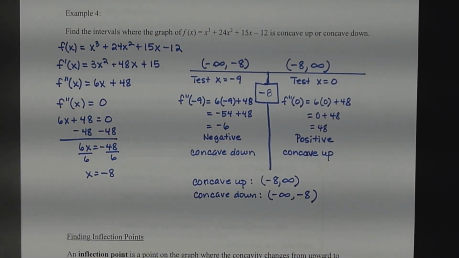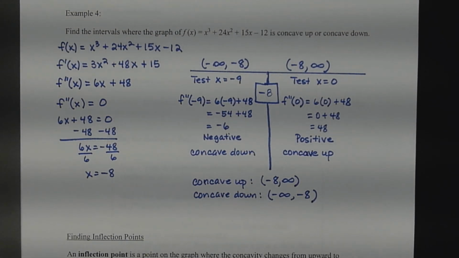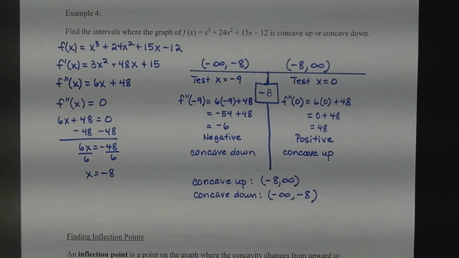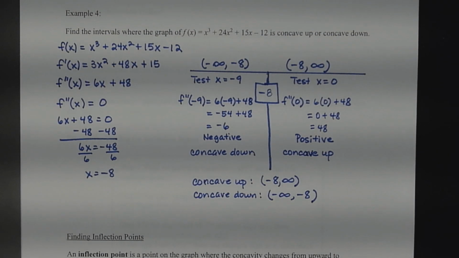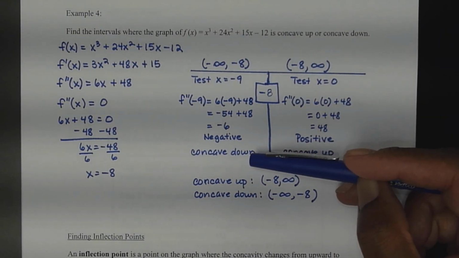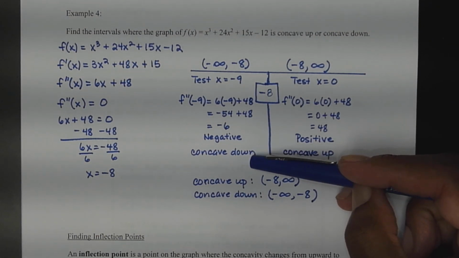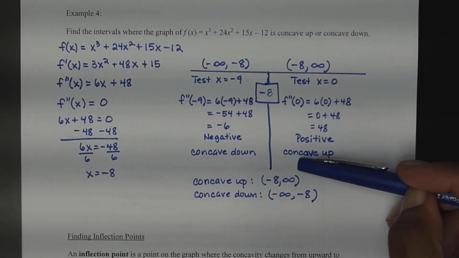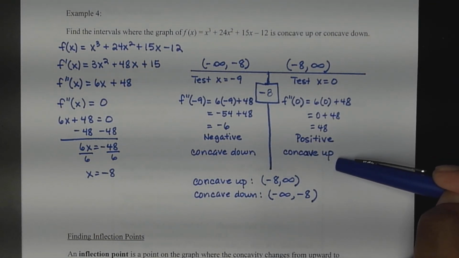Notice I'm using parentheses. From negative infinity to negative 8 is concave down, and then from negative 8 to infinity is concave up.